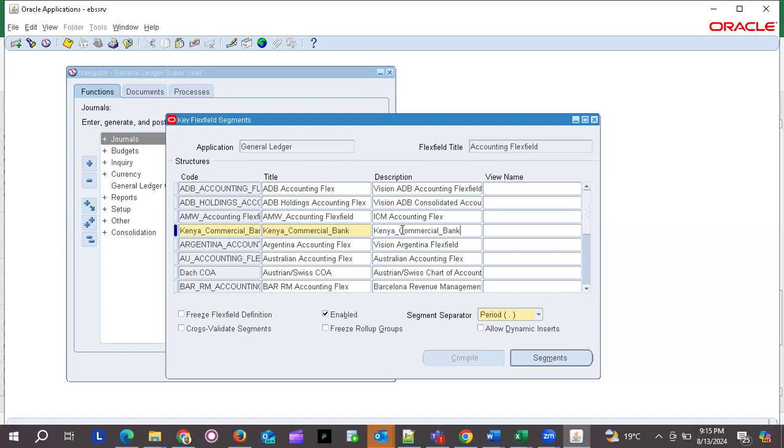Paste this. You don't have to keep space, I mean, put a hyphen. Commercial Bank Flex. You can call it Flex. You can call it Accounting Flexfield, anything. And then with that, you go ahead and save.